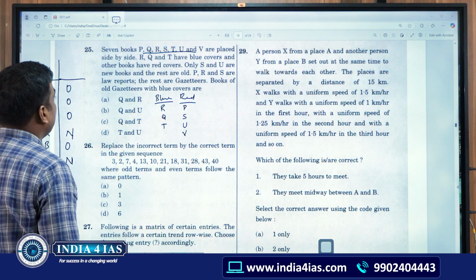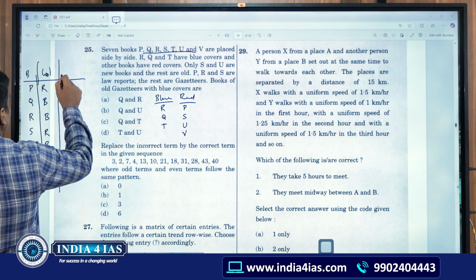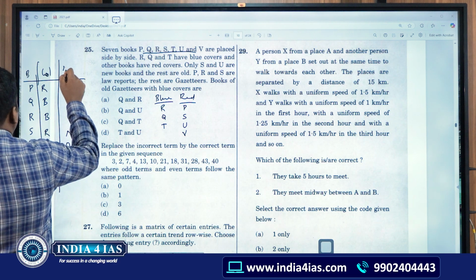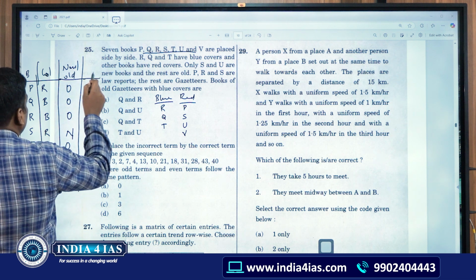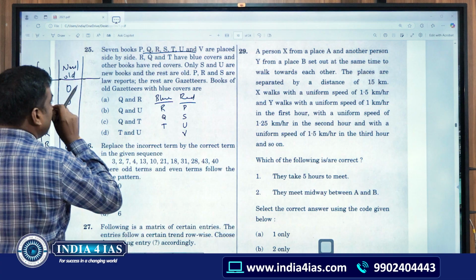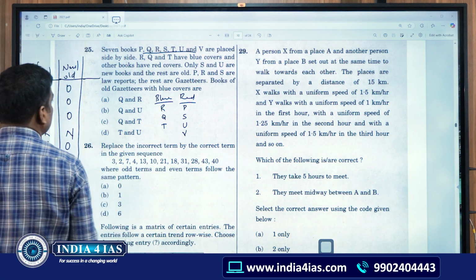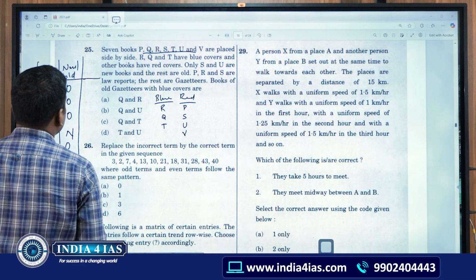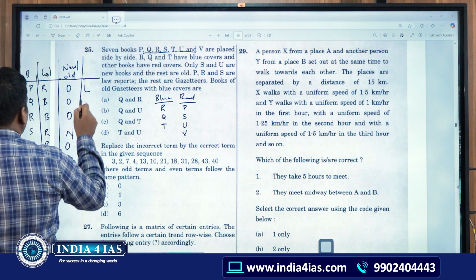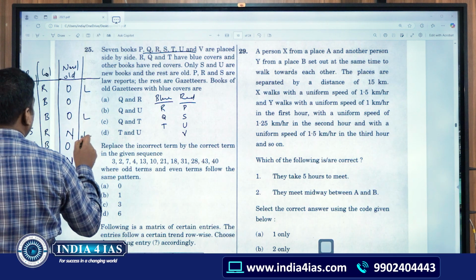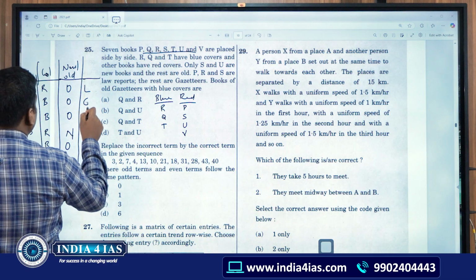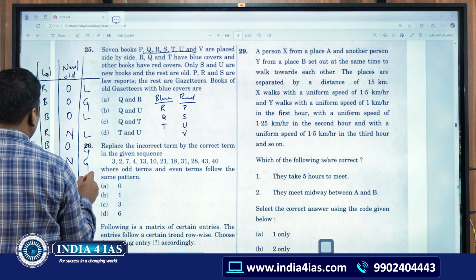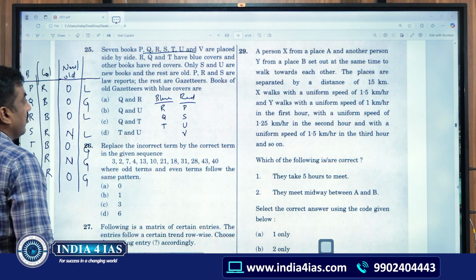Then P, R, S are law reports. The rest are gazetteers. So P is a law report, R is a law report and S is a law report. Rest all are gazetteers. So this is what we have.